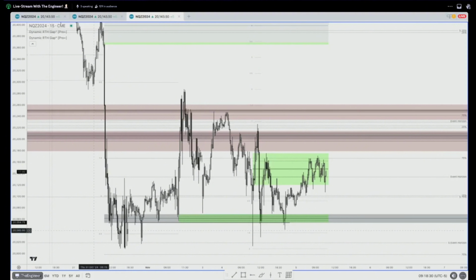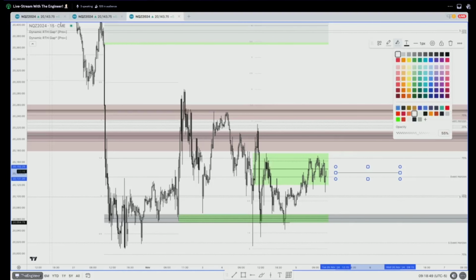what internally through your mind are you telling yourself when there's a small gap? Okay, where the gap is forming relative to the previous day gap. So if we are opening inside of this gap, I'm anticipating kind of a seek and destroy profile.